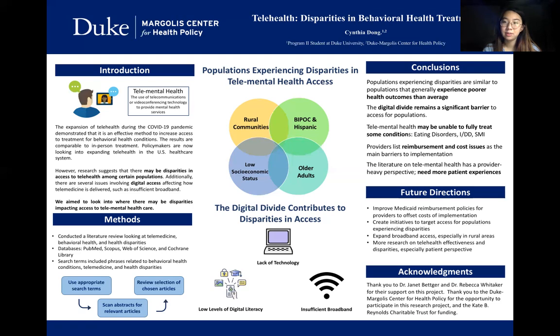These populations are similar to the populations that generally experience poorer health outcomes than average, especially compared to white and richer patients. Another thing we were able to conclude is that the digital divide remains a significant barrier to access for these populations, and the digital divide indeed contributes to these disparities. It is comprised of 3 main things: lack of technology, low levels of digital literacy, and insufficient broadband. If we're wanting to address the issues of access, it's imperative that we address these 3 things first.